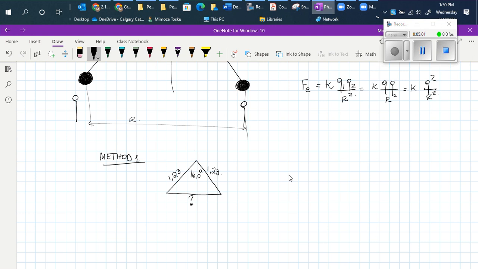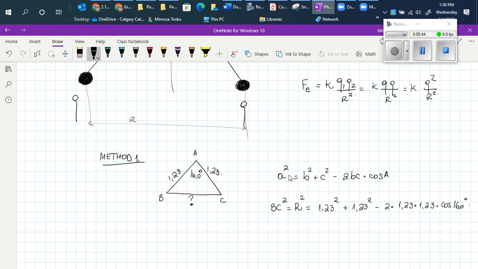Just for simplicity, I will put this as BC, and you have it in your formula sheet: a squared is equal to b squared plus c squared minus 2bc times cosine A. Which means that in our case, BC squared, which actually is the distance between the two charges squared, is equal to 1.23 squared plus 1.23 squared minus 2 times 1.23 times 1.23 times cosine 16.